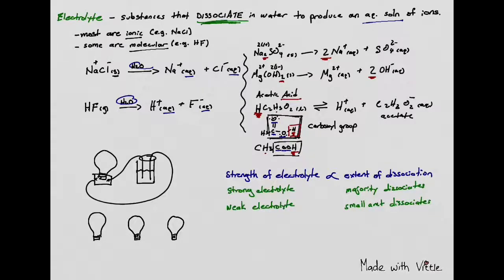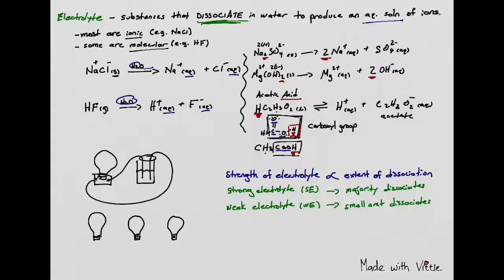Therefore, a strong electrolyte, which I'm going to abbreviate SE, is going to be one where the majority of the compound, when you put it into water, is going to be dissociated. An example of that is going to be sodium chloride, NaCl. A weak electrolyte, which I will abbreviate WE, means that when you put that into water, only a small amount of that compound is going to dissociate.